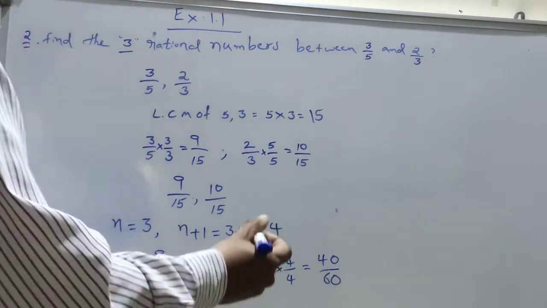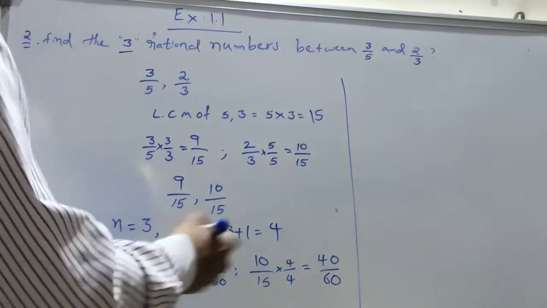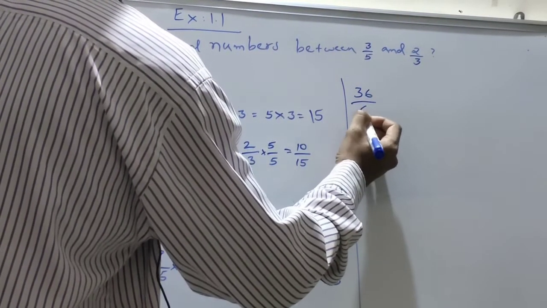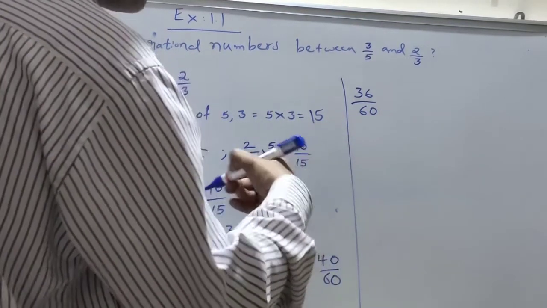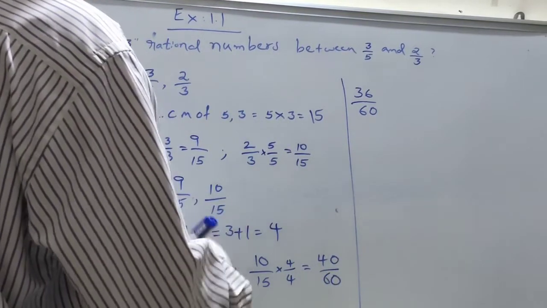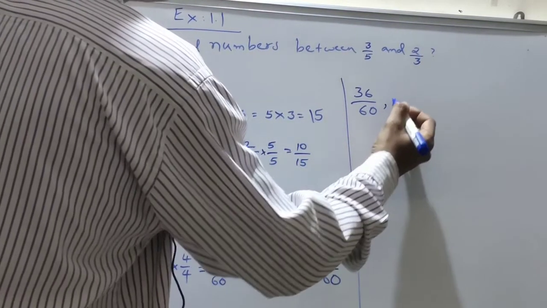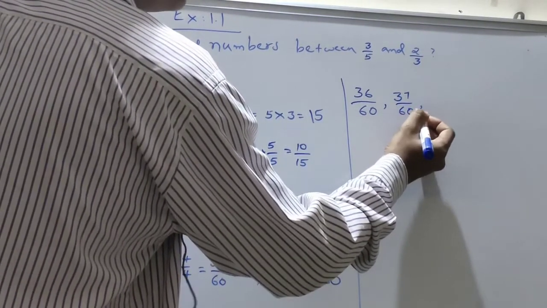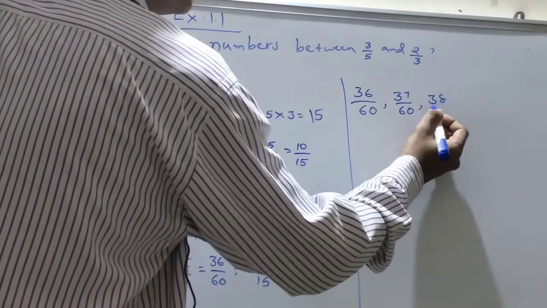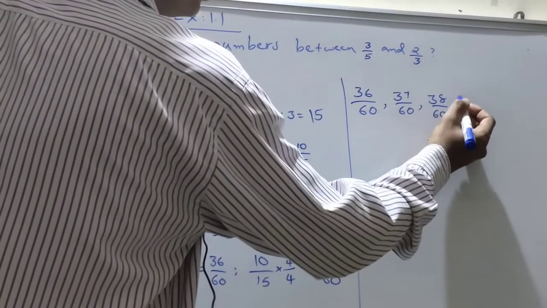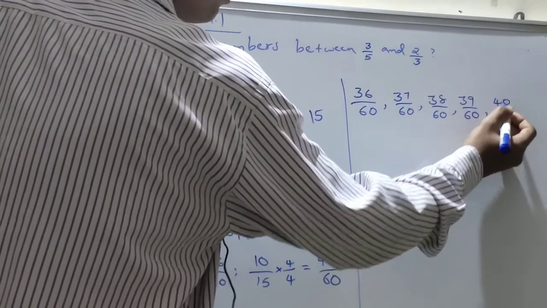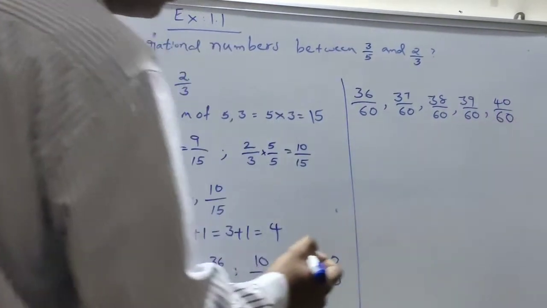Then write the fractions. 36 by 60 is the first fraction, that is 9 by 15, which is nothing but 3 by 5. After 36 by 60 you can write 37 by 60, the next 38 by 60, the next 39 by 60, and the next 40 by 60.